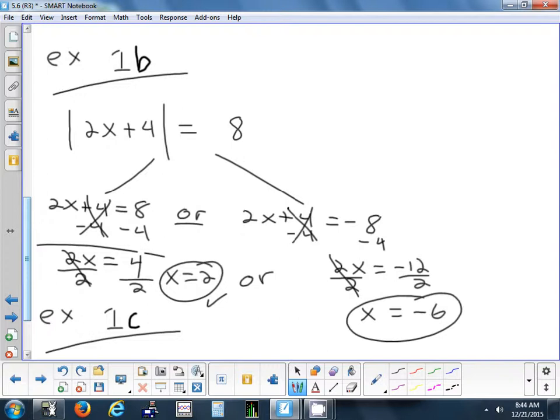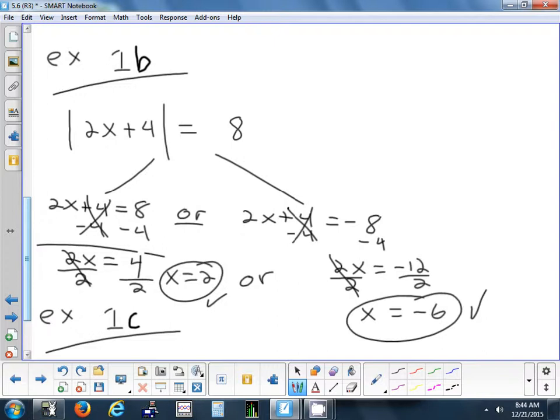What's 2 times -6? -12. -12 plus 4? -8. Okay, so -12 plus 4 is -8. And what's the absolute value of -8? 8. Okay, so that answer also works.